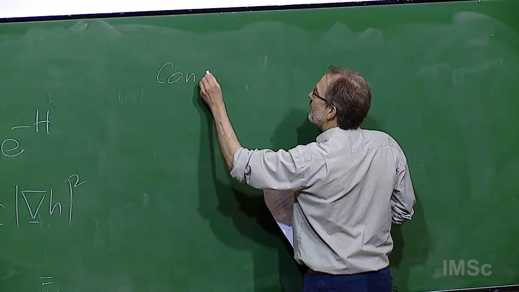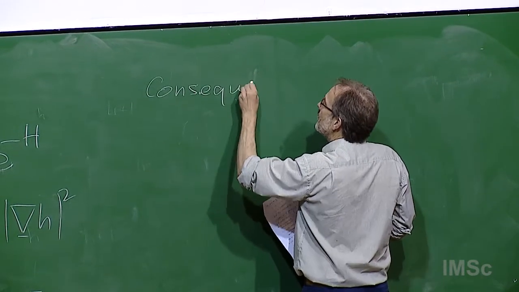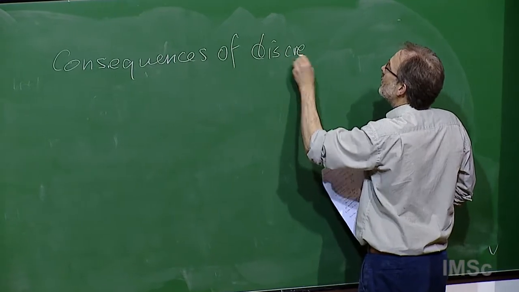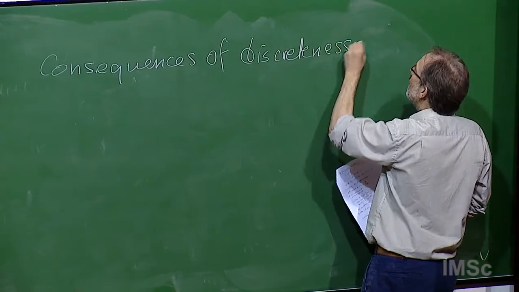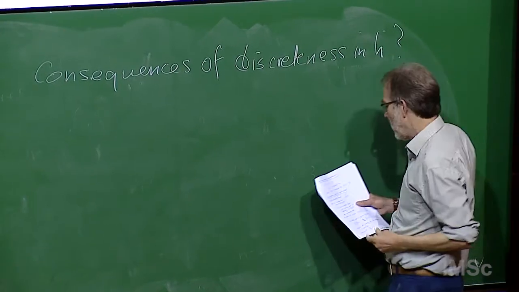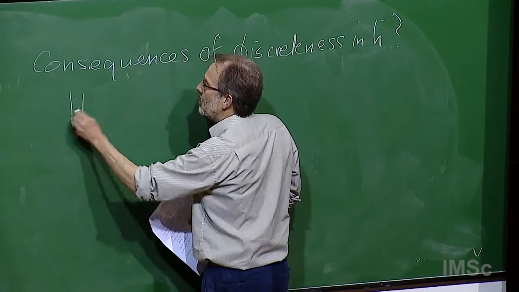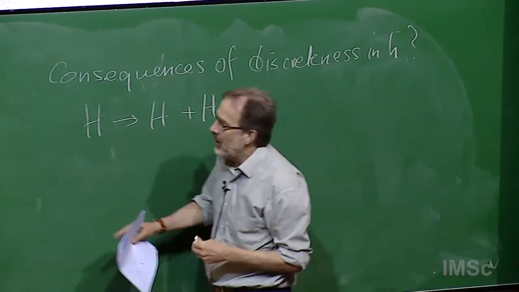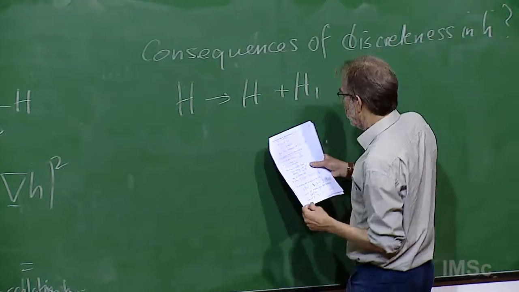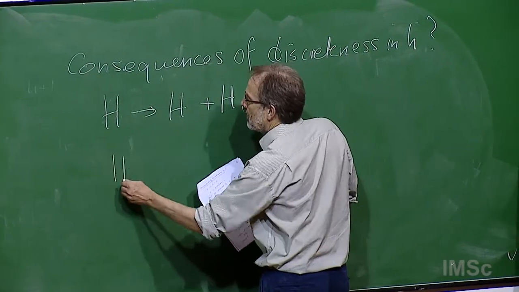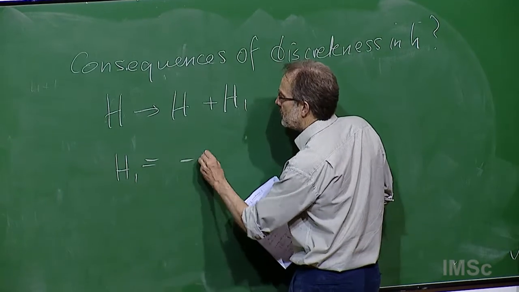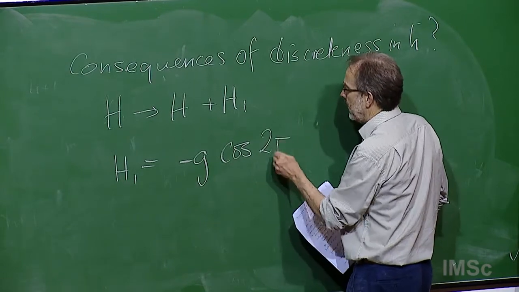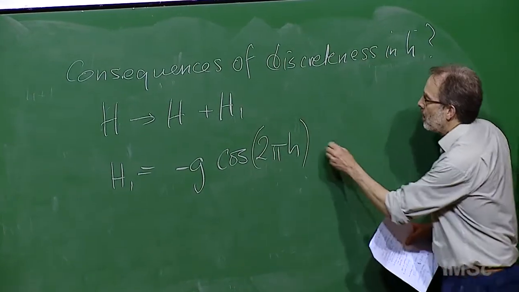So we can think about the consequences of discreteness in H. In other words, we can ask what happens if we modify this weight, adding a term which is maybe something which favors integer values by putting in a cosine term.